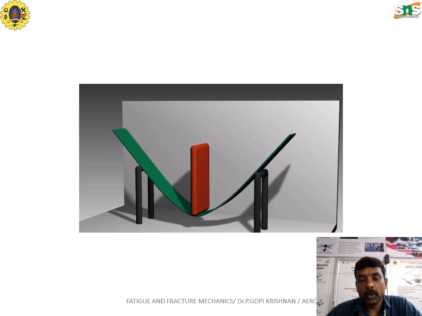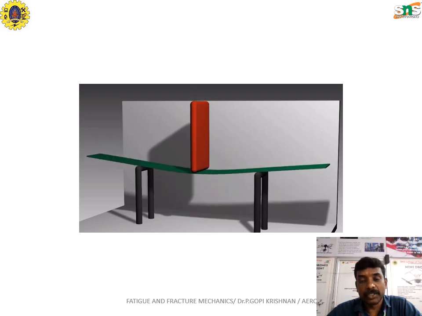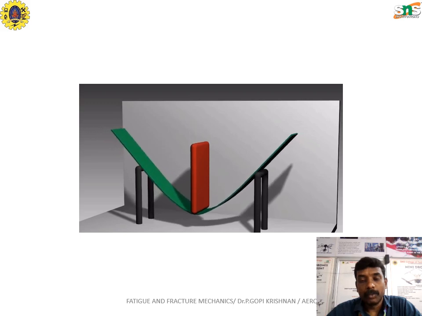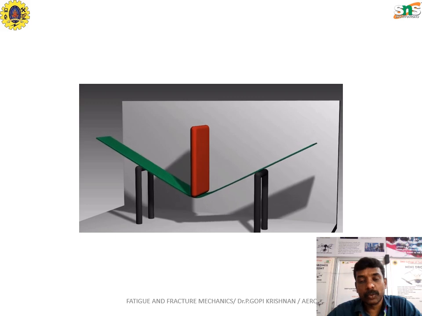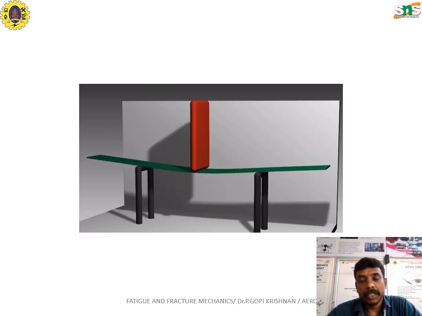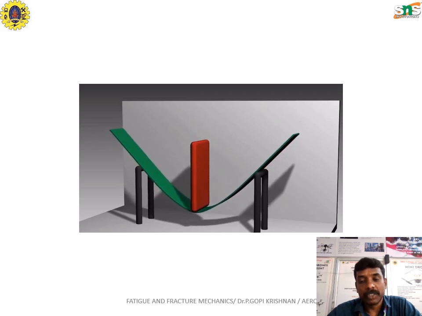Can you imagine what kind of loading is applied over the entire sheet metal structure? That is the combination of tensile and compressive forces. When a ram moves towards the sheet metal and makes a bending action so that the sheet metal is bent, the sheet metal surface or the cross section can be subjected to two different kinds of stresses.